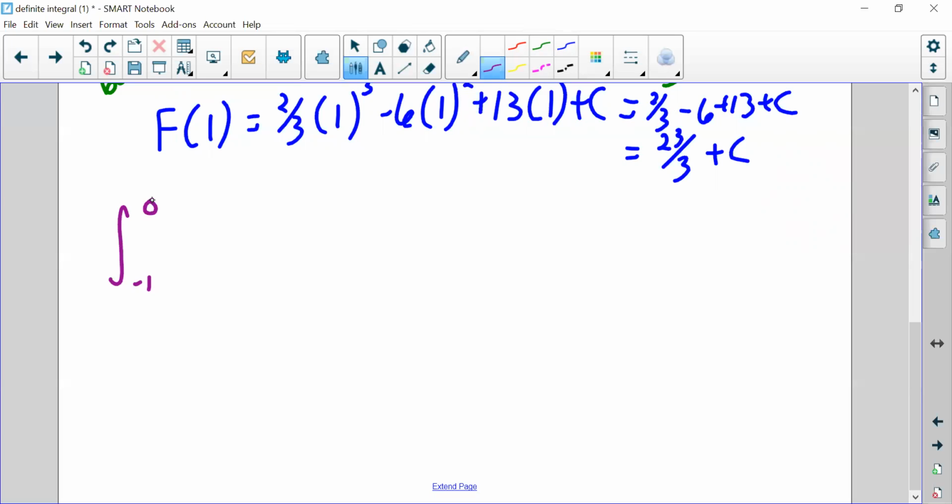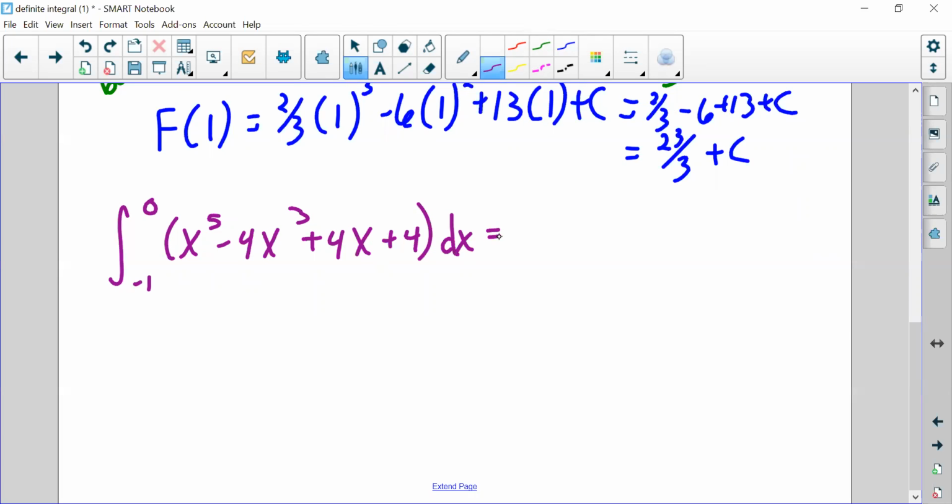All right, so I'm going to find the definite integral from -1 to 0 of x to the 5th minus 4x cubed plus 4x plus 4 dx.